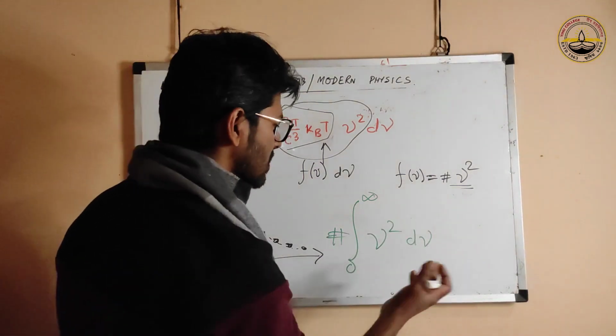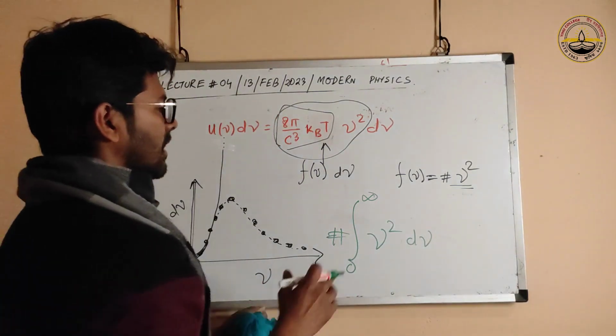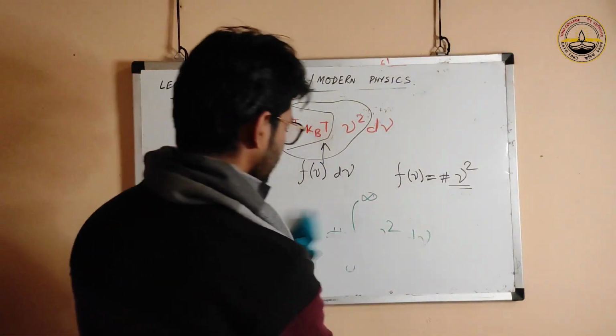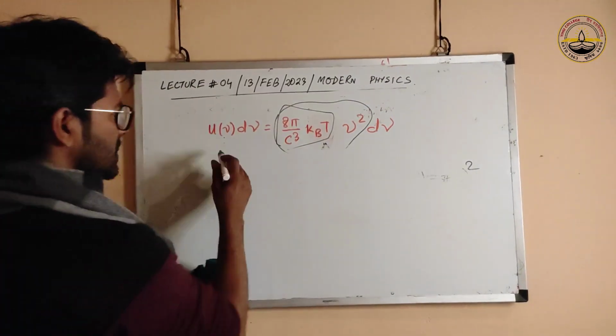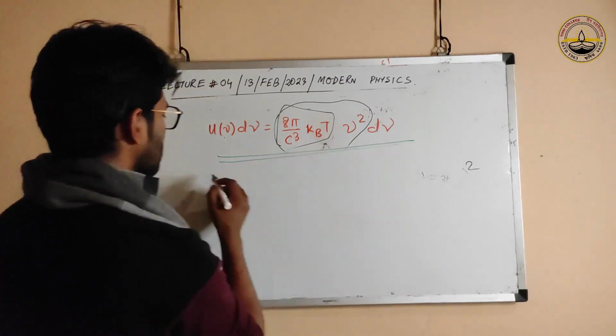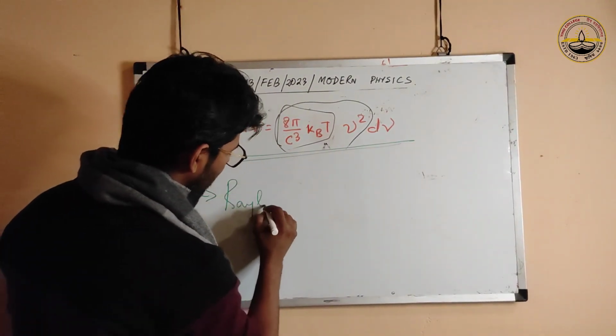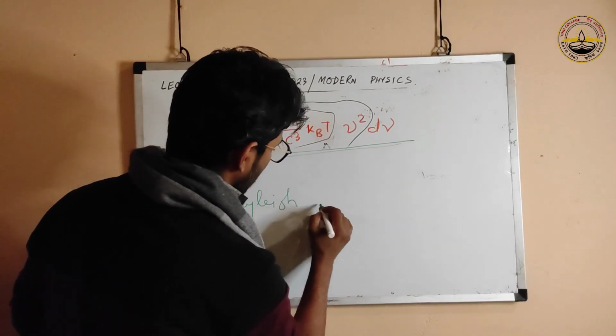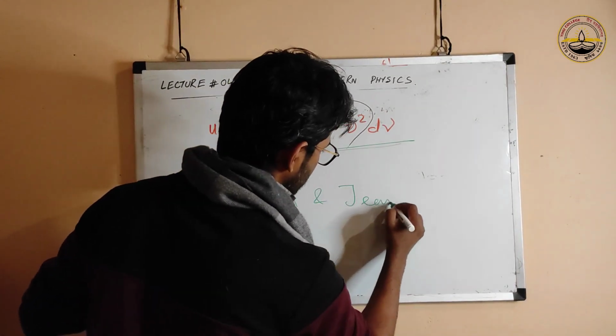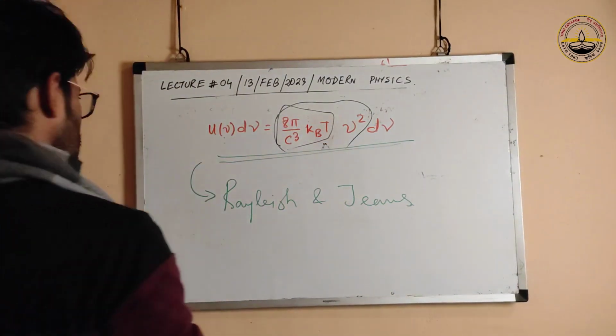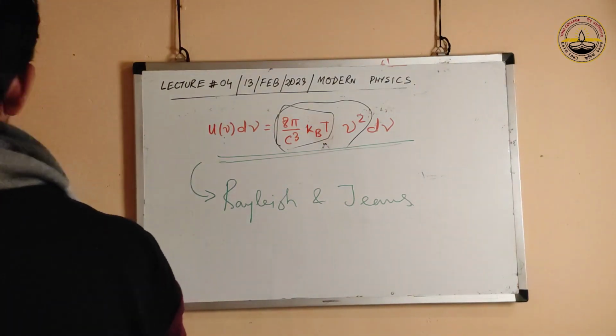Doesn't make any sense. So it's a catastrophe at ultraviolet. By the way, this result was due to Rayleigh and Jeans. So it's called the Rayleigh-Jeans law.